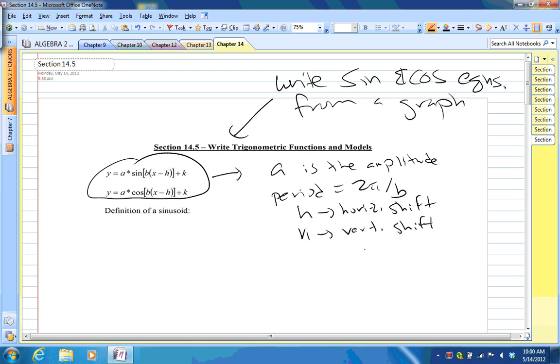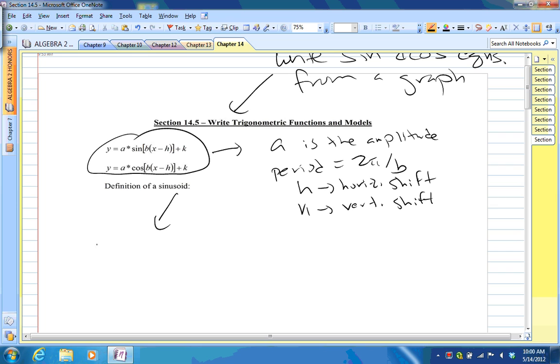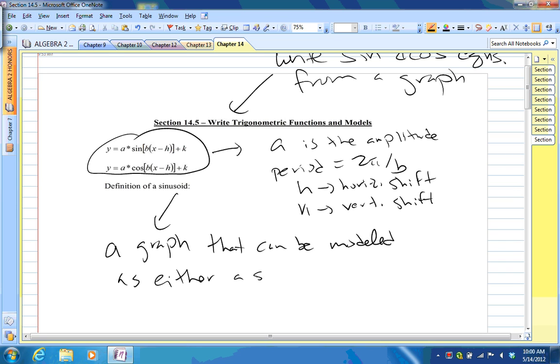And the other thing I want to define is a sinusoid. A sinusoid is simply a graph that can be modeled as either a sine or a cosine equation.